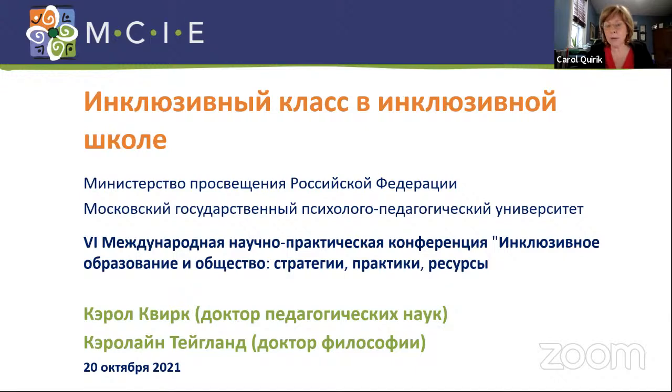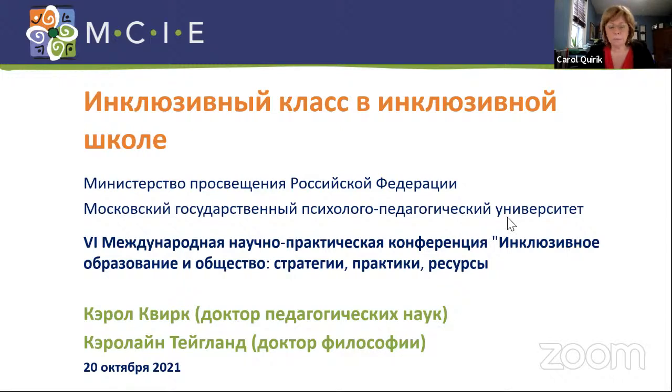Often in the US and in many countries, we have thought about how to include an individual child, and given a lot of very important thought to that process. We've learned that if we are going to include individual children well, then we really must think about how the classroom operates, and more importantly, how the school operates.